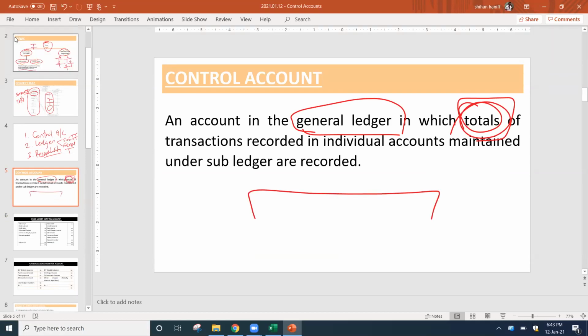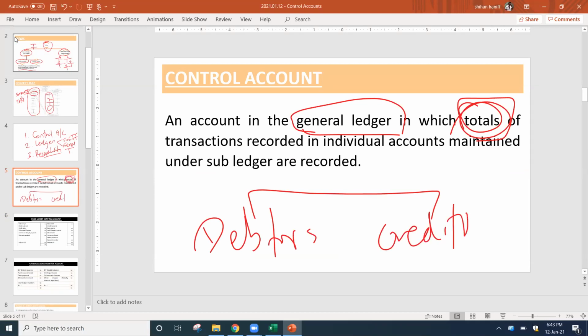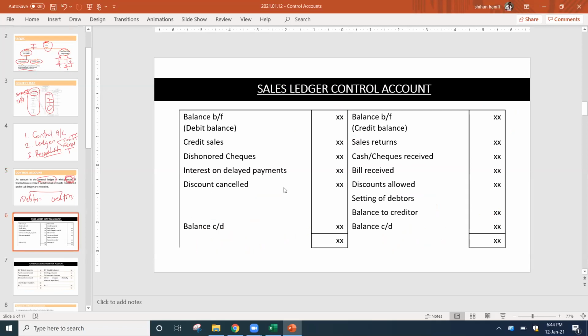One is the debtors control account. The other one is the creditors control account. Let me show the format. After that, we'll do a question. Sales ledger means debtors. This is debtors.